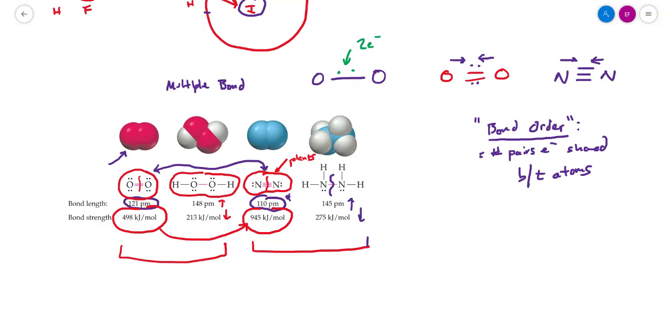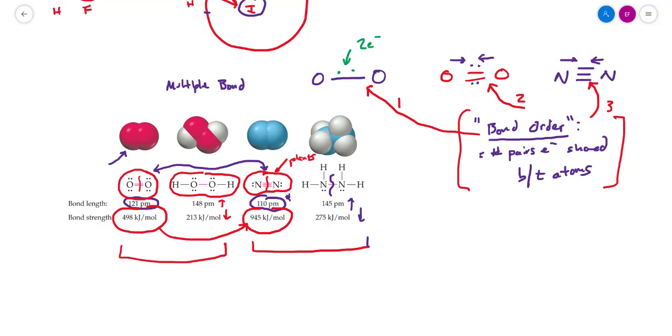So the bond order here for this oxygen with just one pair would be 1. This double bond would be a bond order of 2, and this triple bond would be a bond order of 3. We're going to add a little bit of complexity to this in chapter 7 and account for what we call non-bonding electrons, but in this case we're just introducing it generally.